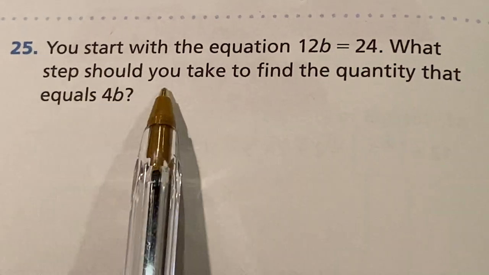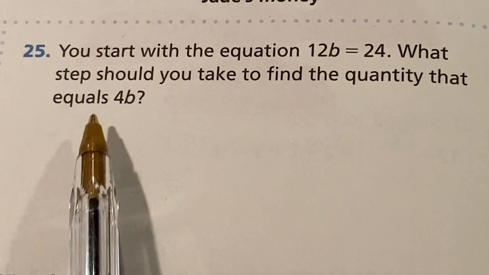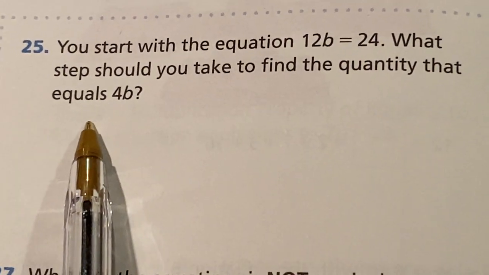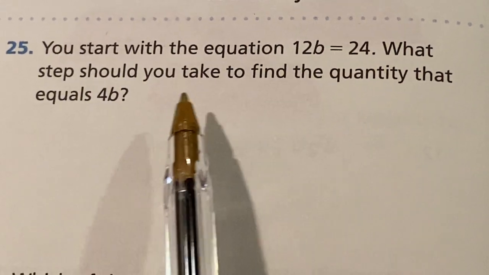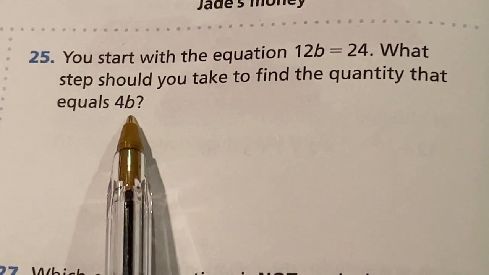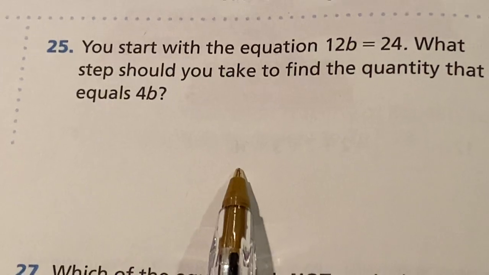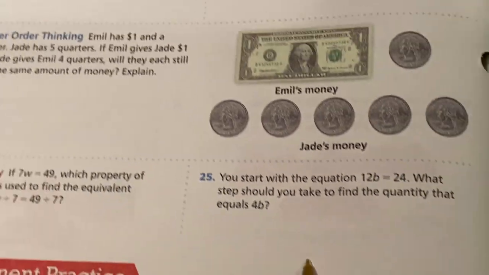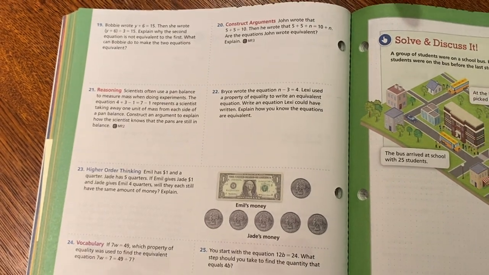What step should you take to find the quantity that equals 4b? So if you know 12b equals 24, what could you do to figure out what 4b equals? And which property would you use? All right. Pause the video, read those over and solve them, and then unpause it when you're ready to check your answers.